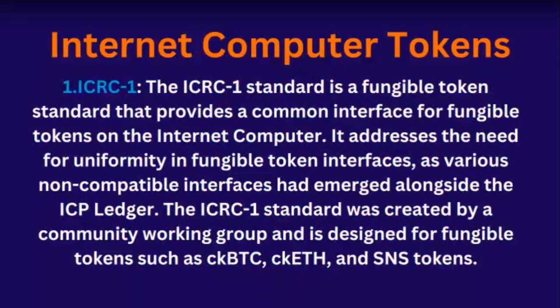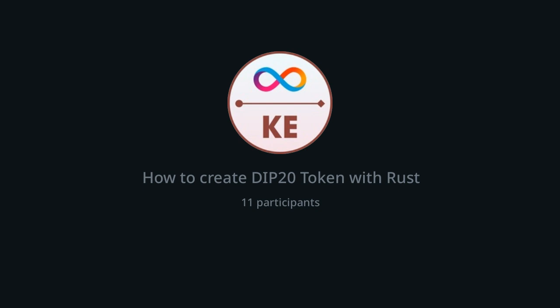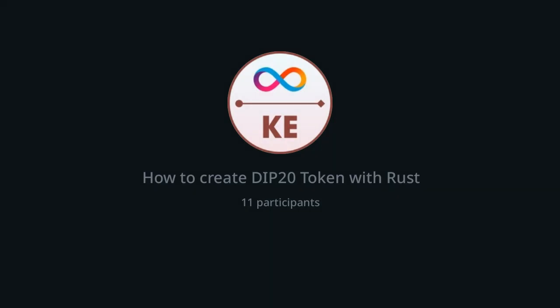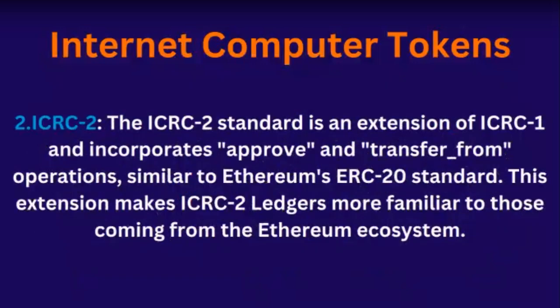To build an ICRC2 token, you first need to understand ICRC1, because an ICRC2 token just has two functions added to ICRC1: approve and transfer from. That makes it able to implement an ERC20 type of token, like the normal token on the Ethereum blockchain.